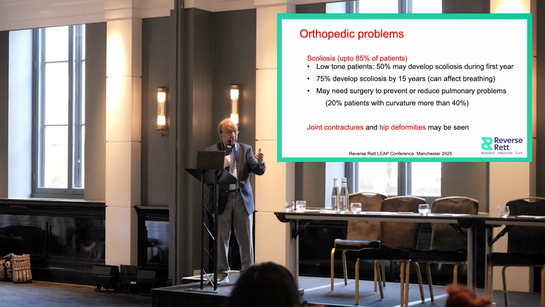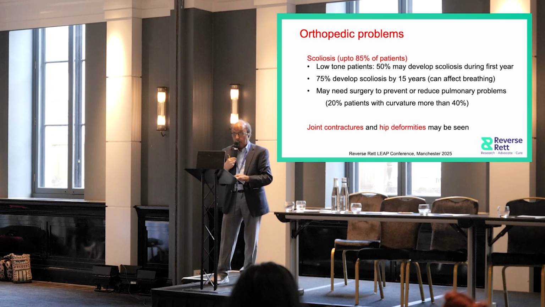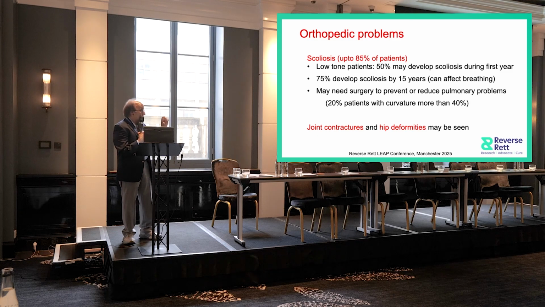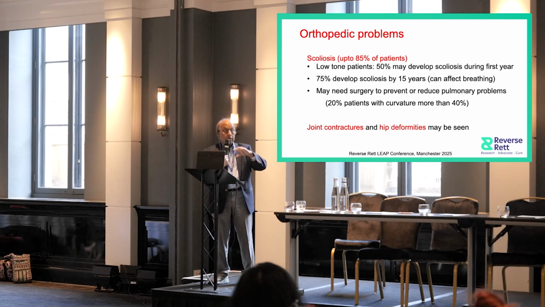In this study, they showed 75% developed it by 15 years of age, and if the curvature is 40 degrees or more, we saw yesterday the Cobb angle, etc., it needs surgical intervention.